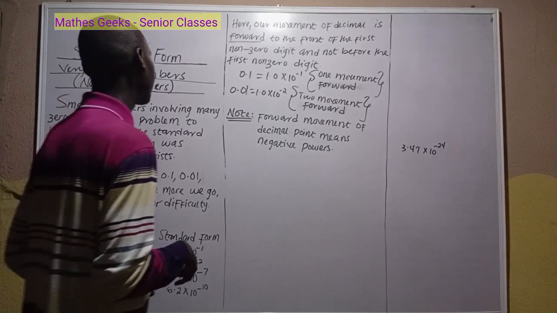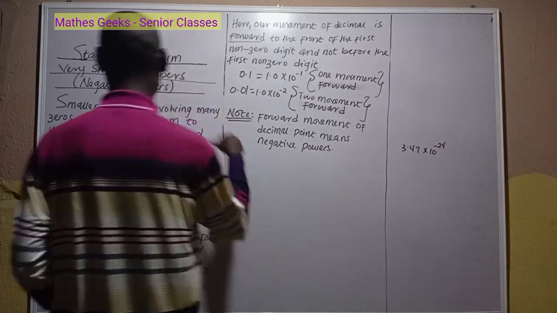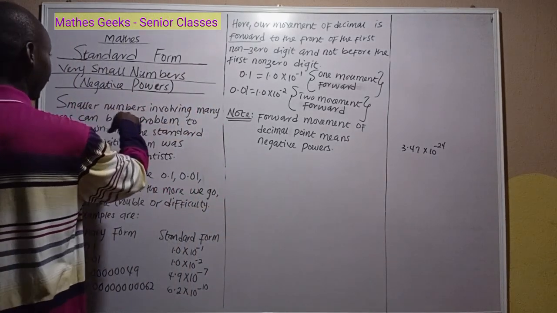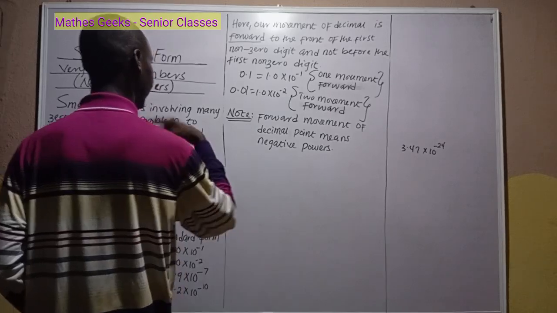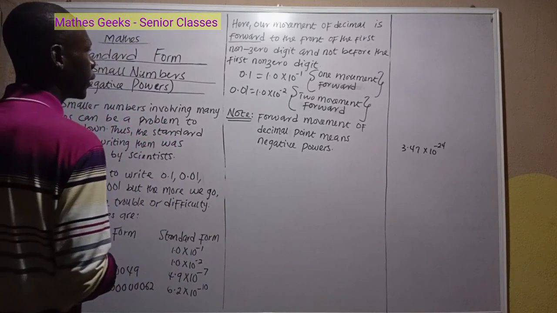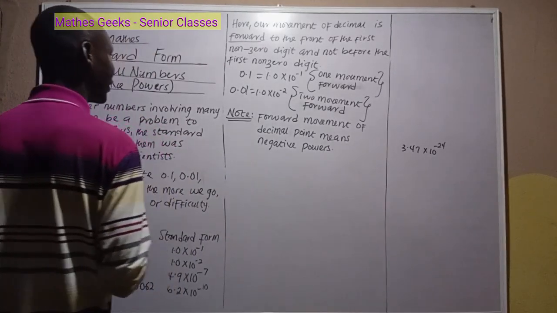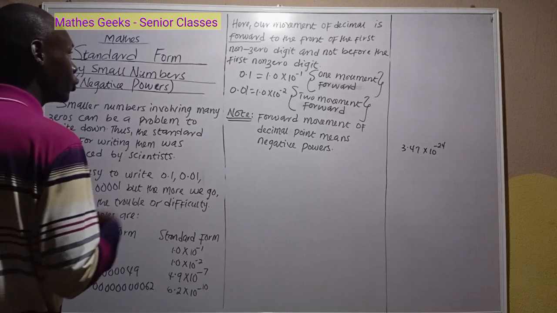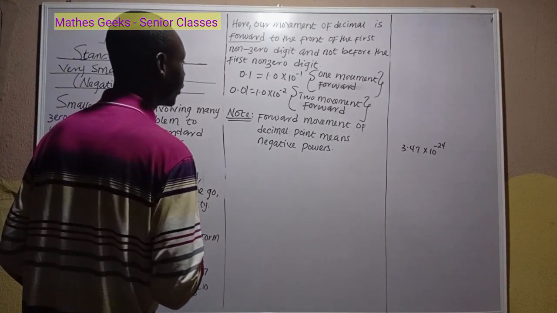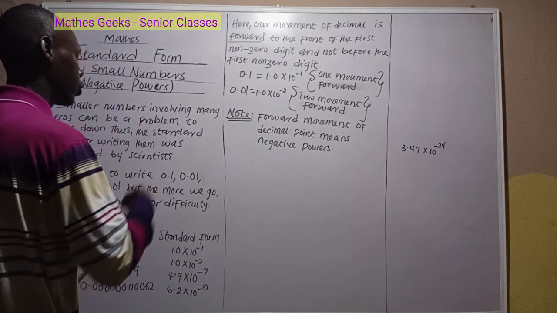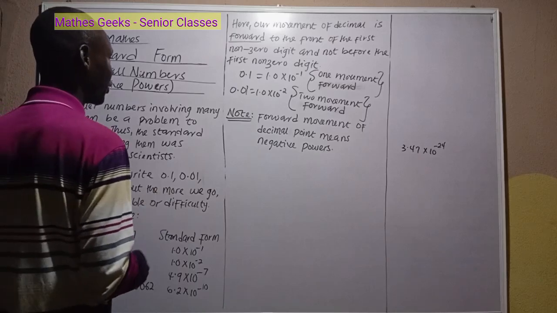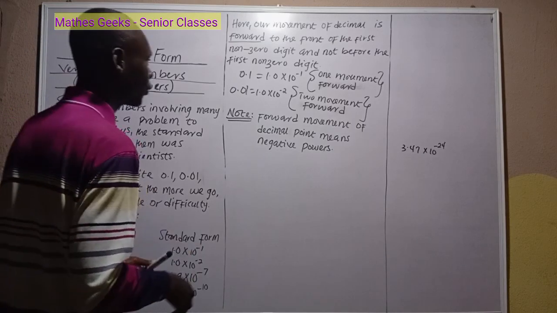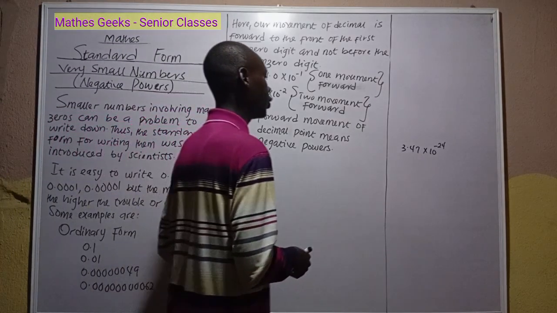But in this part of standard form, our movement is forward, and we make the movement until we get to the first non-zero digit, which is the first significant digit, and drop it there. So the decimal will be between the first and the second significant digit.